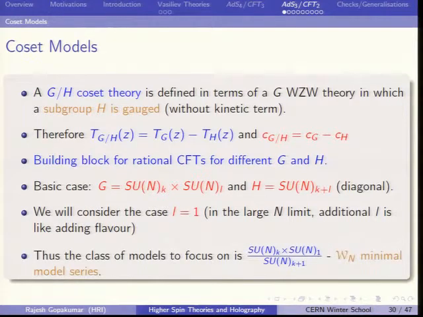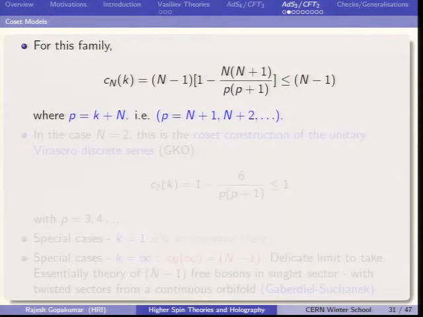So this is the so-called minimal model series. And if you work out the central charge using the prescription that I gave you, the difference between the G and the H central charges, you find a family of theories with central charge given by this.